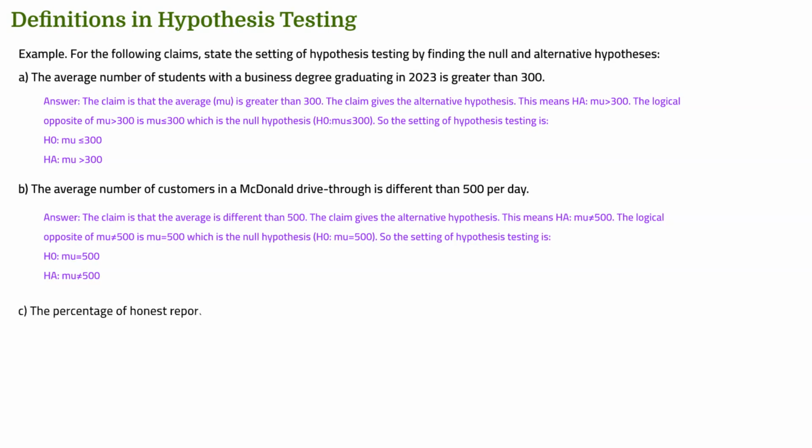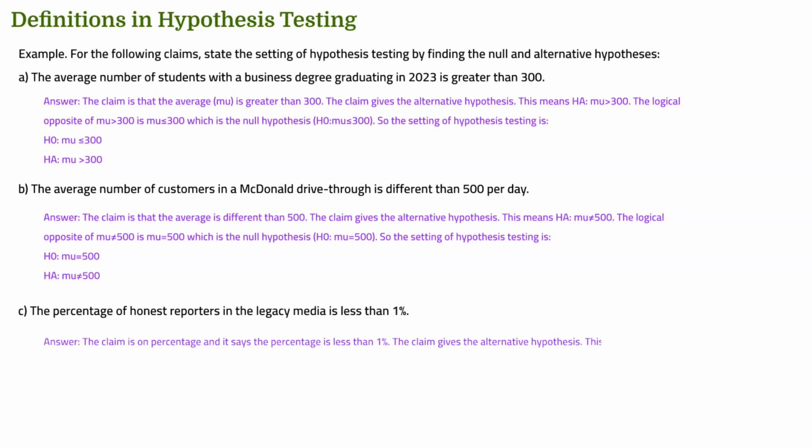C, the percentage of honest reporters in the legacy media is less than 1%. So we have to state the null and alternative hypothesis for that. The claim is on the percentage, and it says the percentage is less than 1%. The claim gives the alternative hypothesis. This means HA is P less than 1%.